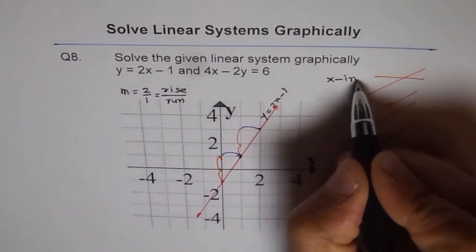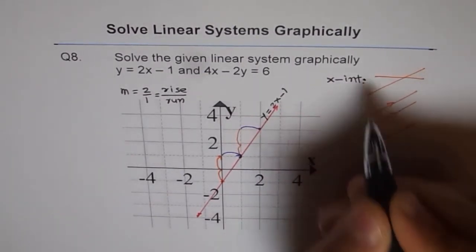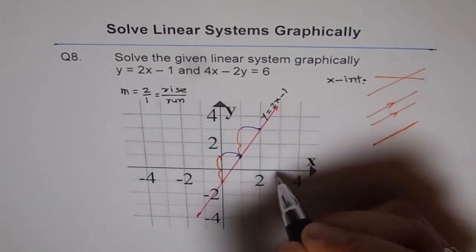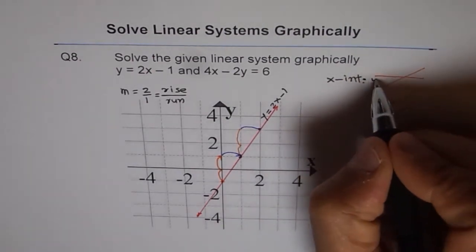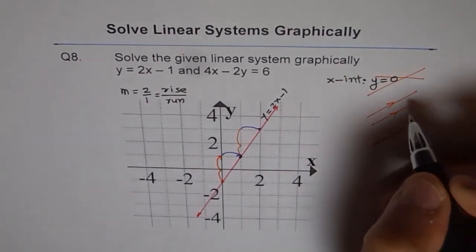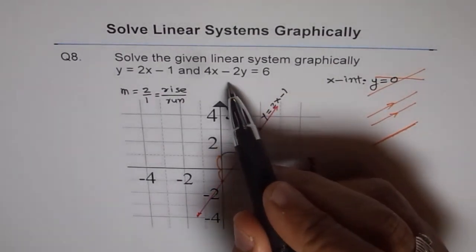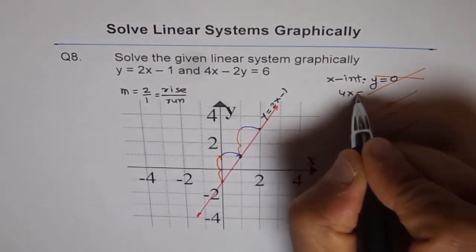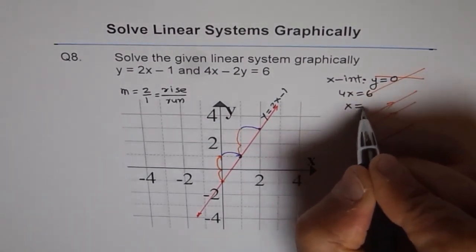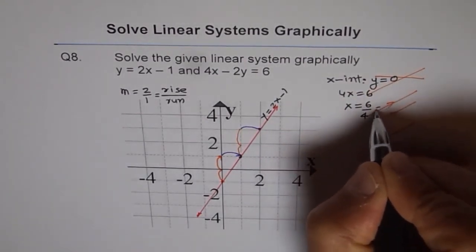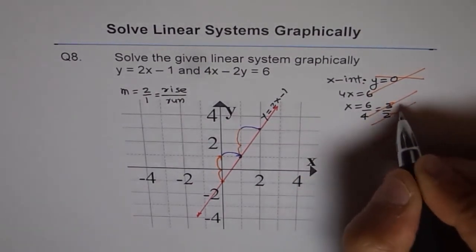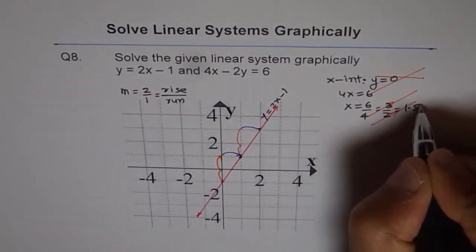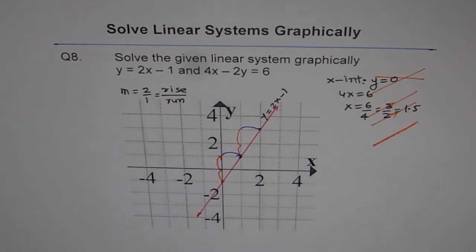X-intercept means wherever the line crosses the x-axis. At that point, y is equal to 0. So let's hide this y away, put in 0. We get 4x equals 6, and therefore x equals 6 over 4, which is 3 over 2, like 1.5, correct?